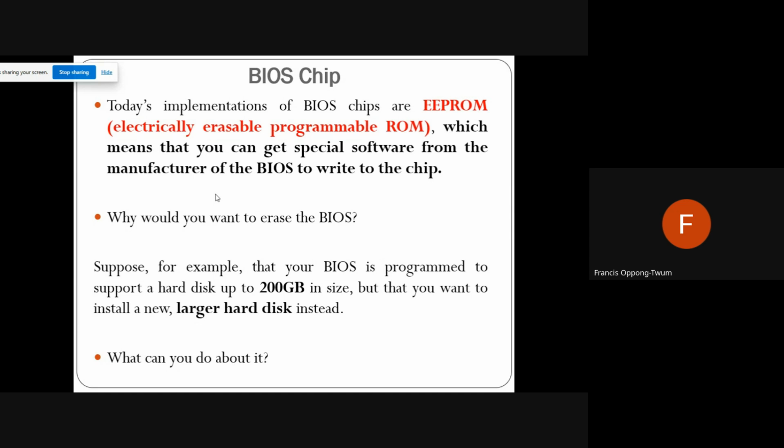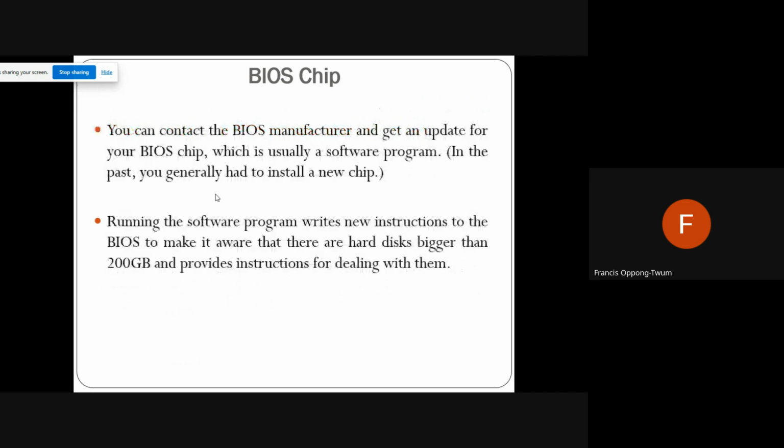So maybe suppose, for example, that your BIOS is programmed to support a hard disk up to 200 gig, but you want to install a new larger hard disk. What can you do then? What you have to do is contact the BIOS manufacturer and get an update for your BIOS, which is usually a software program.